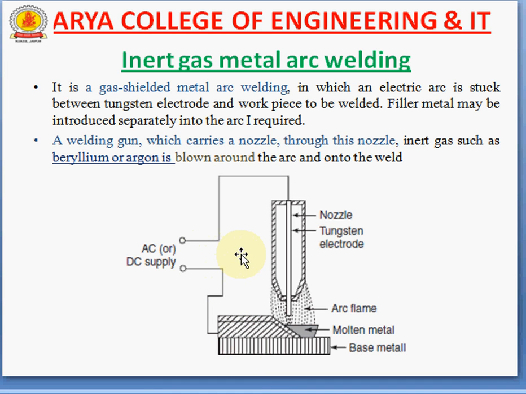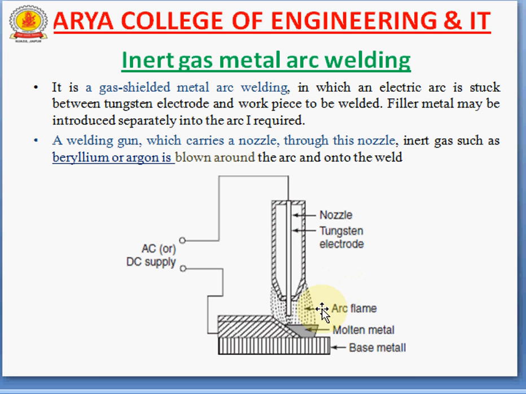When the supply is given, the electric arc is struck between the tungsten electrode and the workpiece to be welded. This diagram shows the arc flame, and the filler metal may be introduced separately into the arc if required.